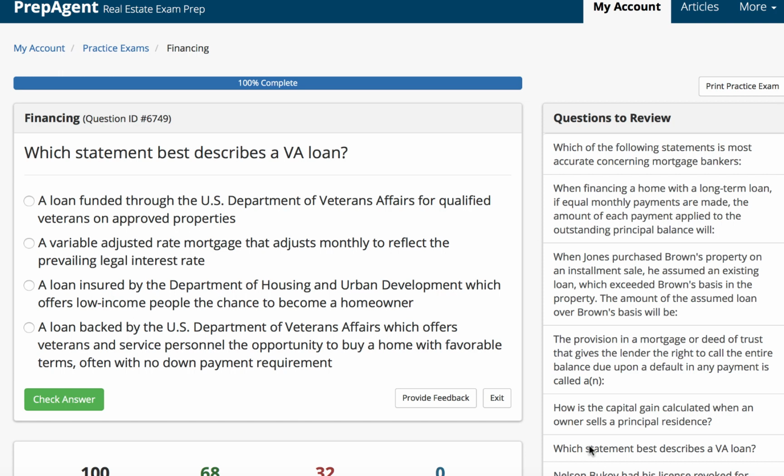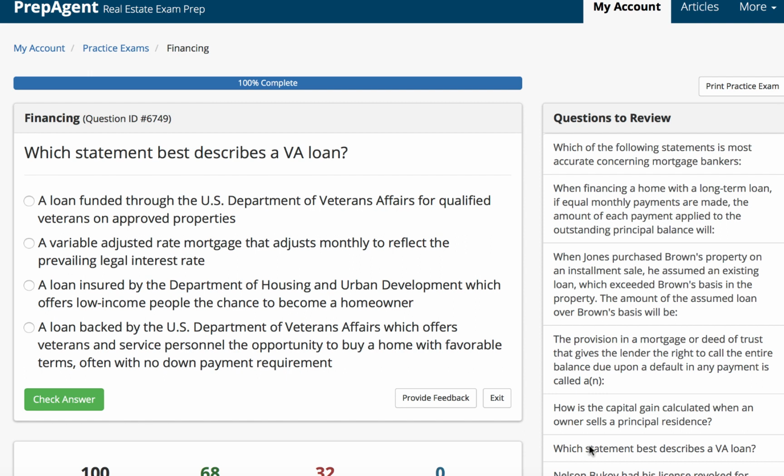Which statement best describes VA loans? A loan funded through the U.S. Department of Veterans Affairs for qualified veterans and approved properties. A variable adjusted rate mortgage. That's not going to be it. A loan insured by the Department of Housing, which offers low income. That's not it.